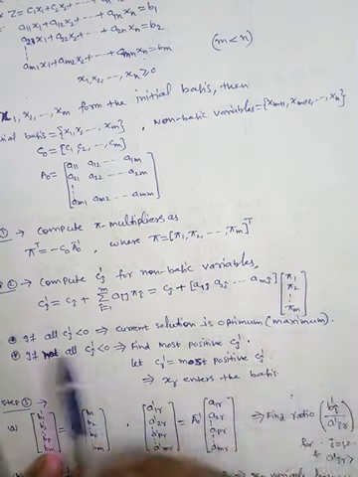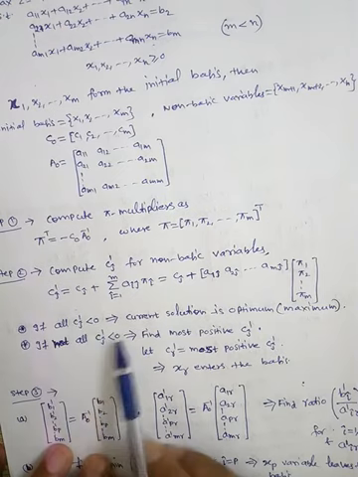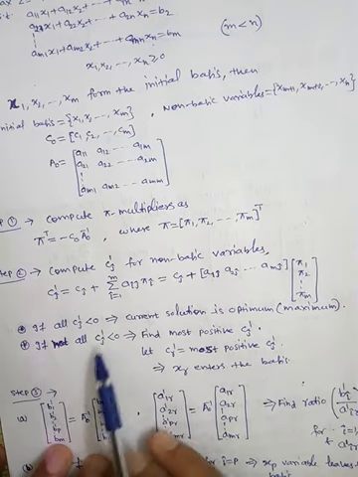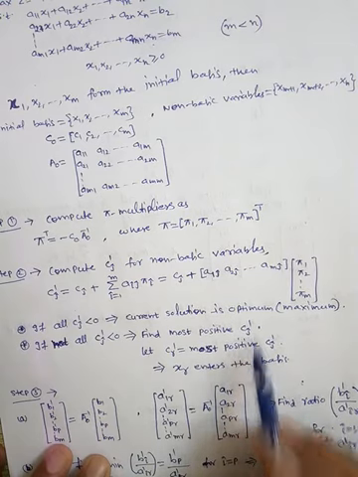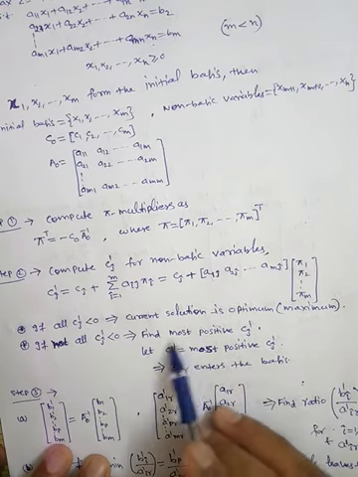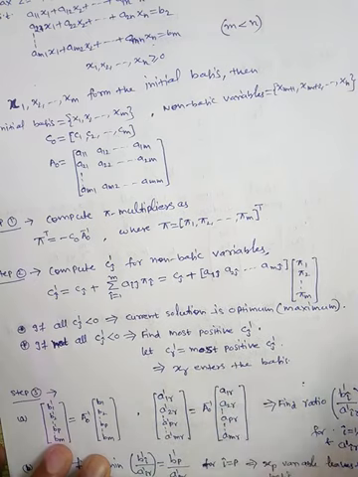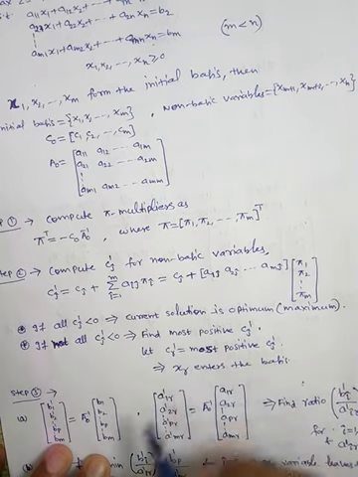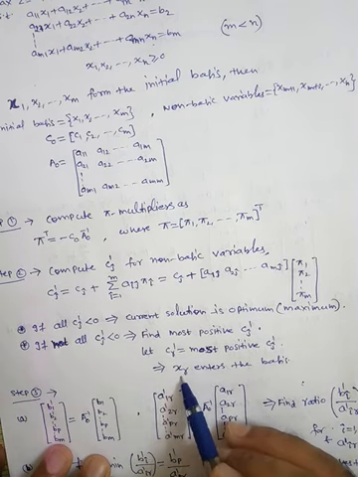Now if all Cj dash are less than 0, then the current solution is optimum for the maximum problem. If not all Cj dash are less than 0, that means some are positive, then find the most positive Cj dash. Suppose that is Cr dash, corresponding to the rth variable, then xr enters the basis.